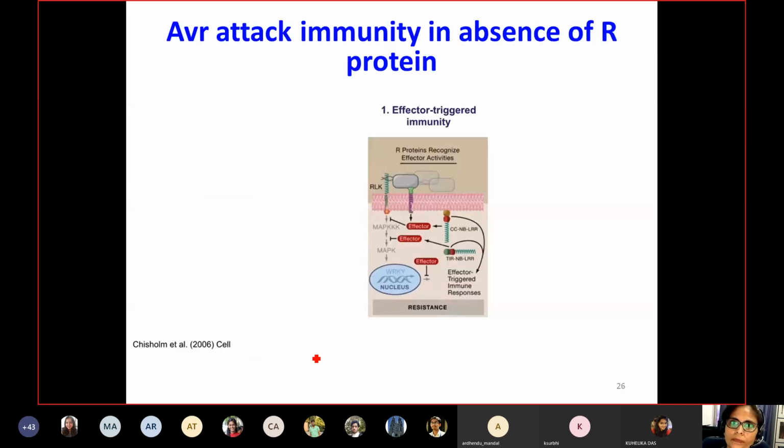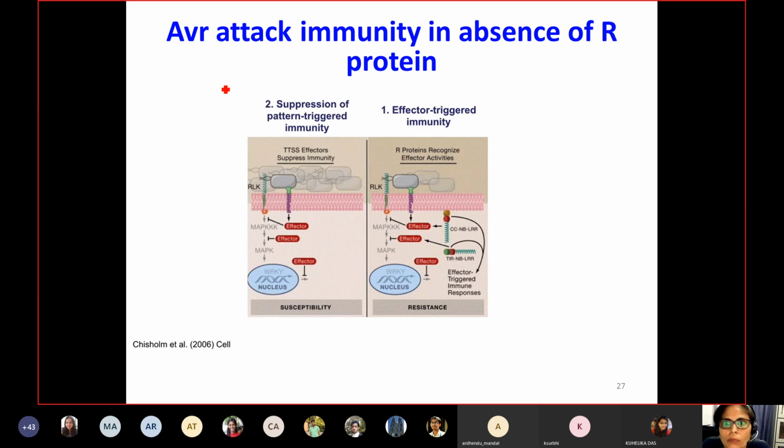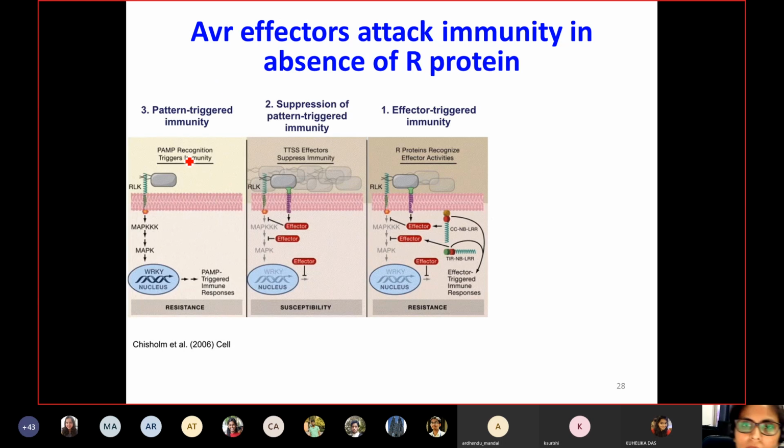It turns out that the major role of AVR is to suppress pattern-triggered immunity. If you see here in the third one, this is pattern-triggered immunity. You have some kind of recognition by the plant system. Basically, it is recognizing some molecules from the flagella.